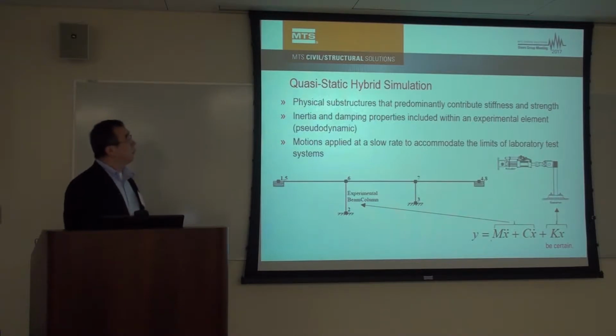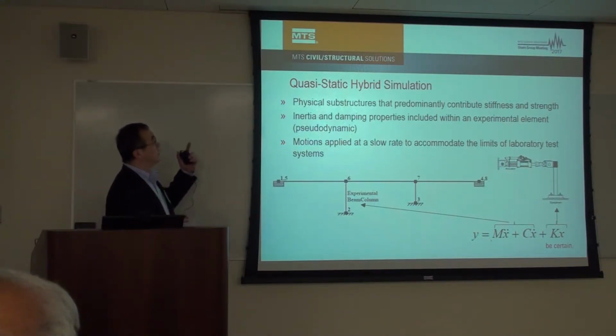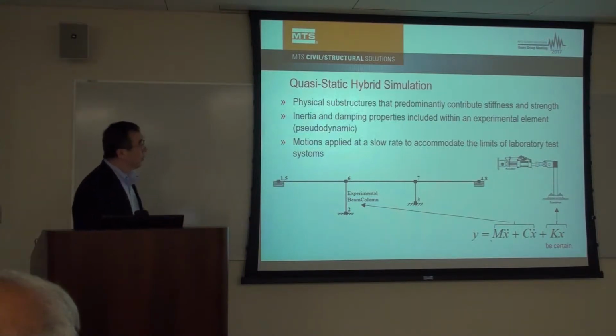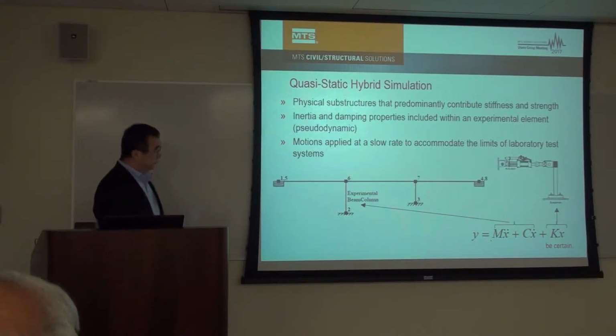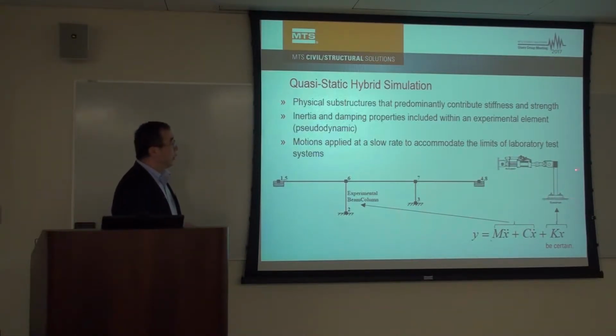So what kind of hybrid simulation solutions do we offer? In civil structure, we mainly offer three kinds of hybrid simulation solutions. One is quasi-static hybrid simulation, or slow hybrid simulation. In this case, the physical substructure part only provides the stiffness term, and the inertial and damping terms of a component are provided by the numerical substructure.